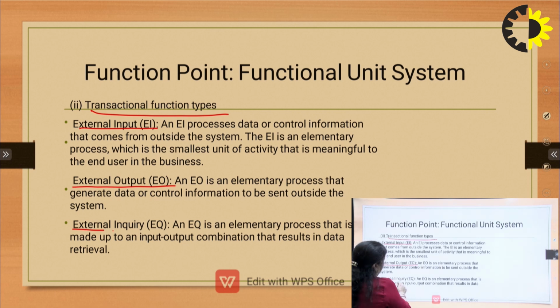And then external inquiry, that is the request made by the user to get access to some information. So these 3 units, input, output and inquiry, have been placed in the next category, that is transactional function types. So we have 2 function types, data function types and transactional function types, and we have divided the 5 functional units into these 2 categories.